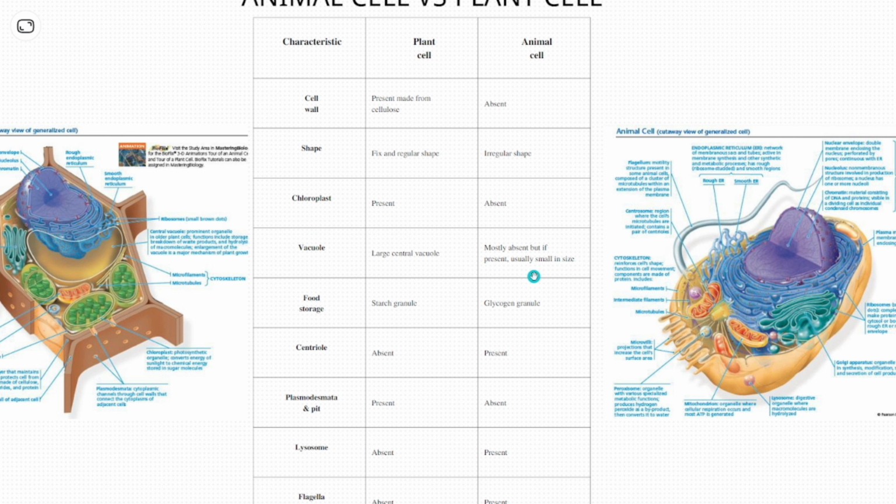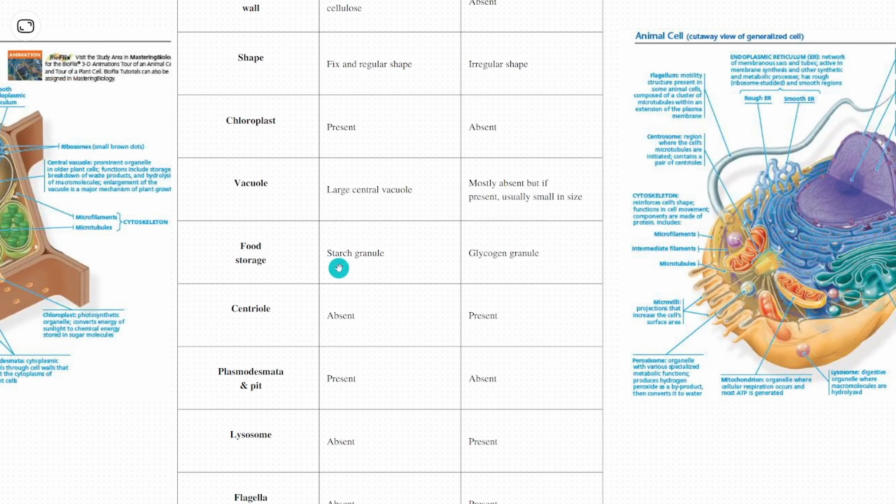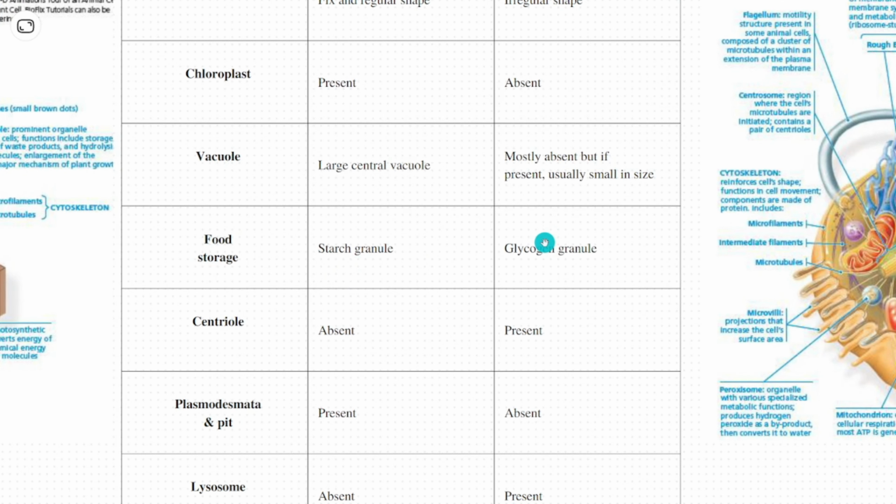Mostly it is absent, but if present, it is very small, compared to plants, where it is located in the center and very large. There is also food storage. For plants, food is stored as starch, and for animals it is glycogen. I think I already explained this in chapter 1, the structure of starch and the structure of glycogen. I hope you still remember.